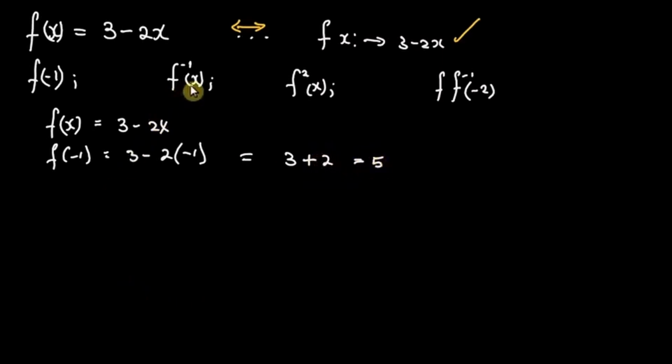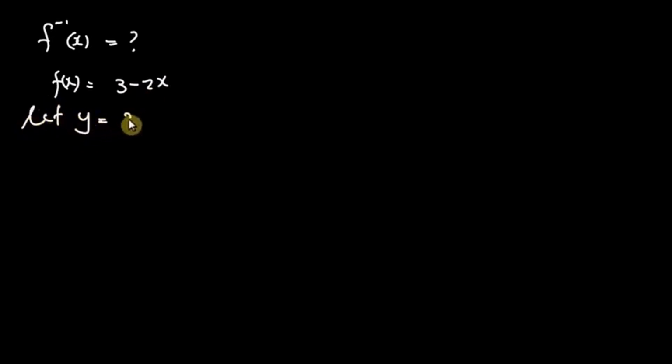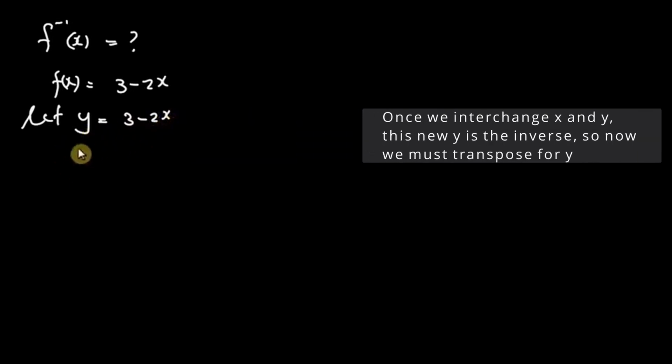Next, we are asked to find the inverse of x, written as f to the minus 1 of x. So that's f inverse of x, and that is our unknown. So let's use a familiar technique. So if f of x is equal to 3 minus 2x, then we can say let y equal 3 minus 2x, and then we interchange x and y. So now we can transpose for y.